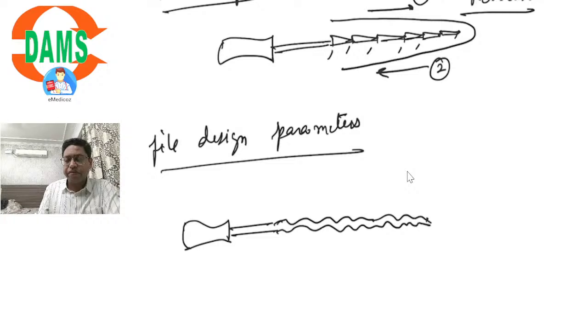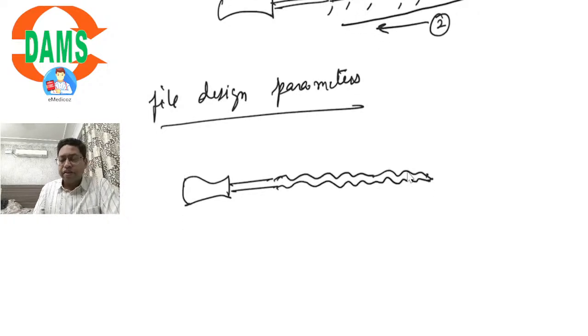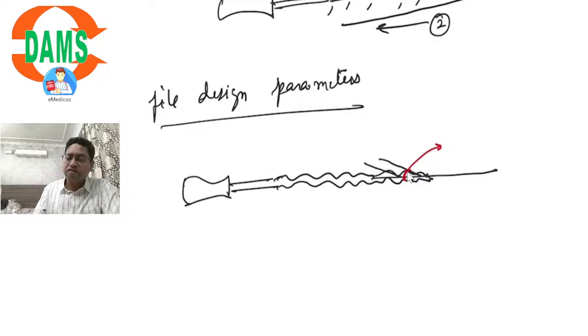This is the long axis of the instrument, and this is tangent to the blade. This angle between long axis and the blade is called helical angle or cutting angle of the file.